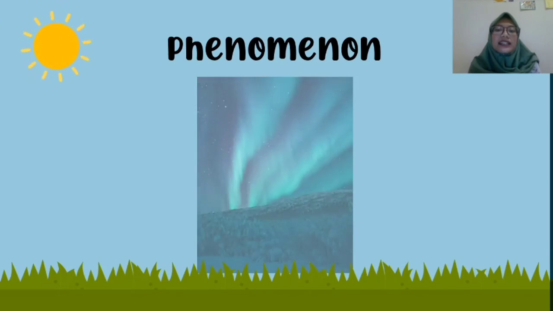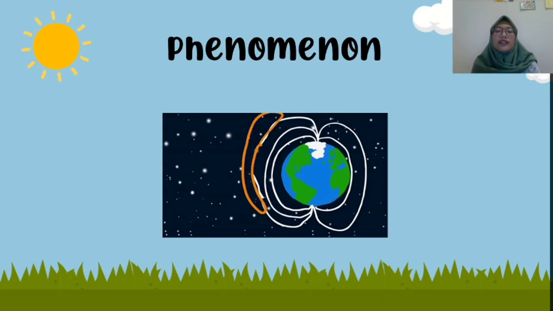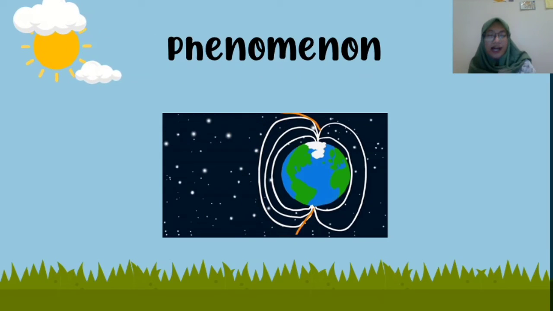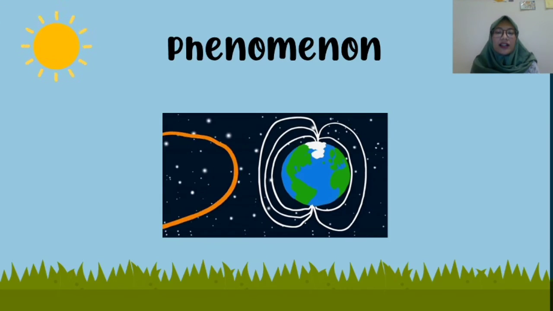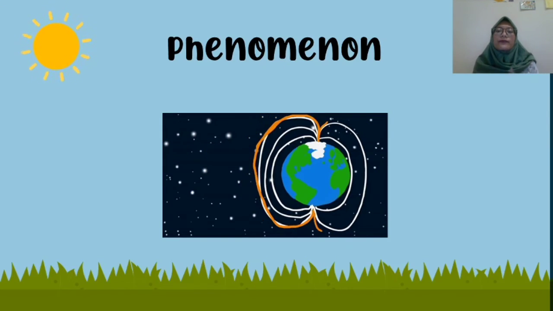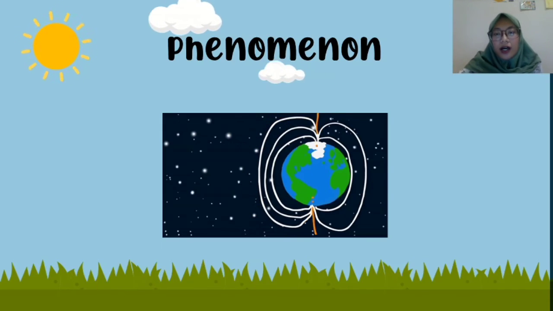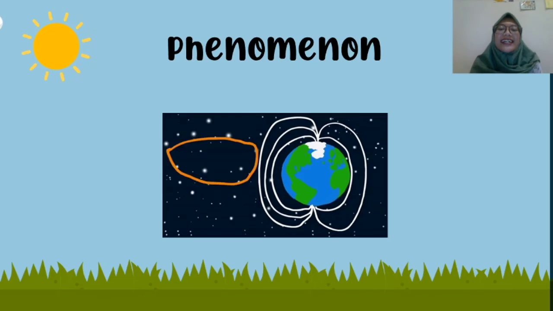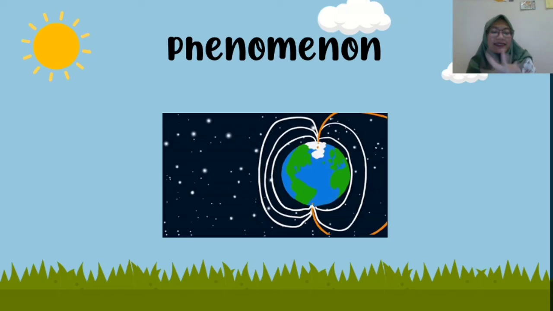It happens because the sun rays approaching Earth make contact with the magnetic field, and then the contact itself produces the aurora. The orange spot is where the aurora is located or produced, where we can see the aurora.